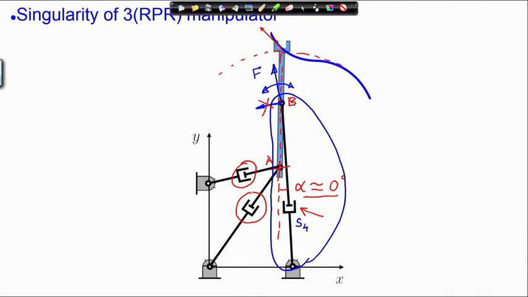So, this is the typical gaining of degree of freedom in mechanisms at singular configuration, which we have seen even for constrained mechanisms; it gains degree of freedom at the dead center or singular configuration. So, this is precisely the situation here. So, we have a singular configuration of a parallel manipulator at the dead center.